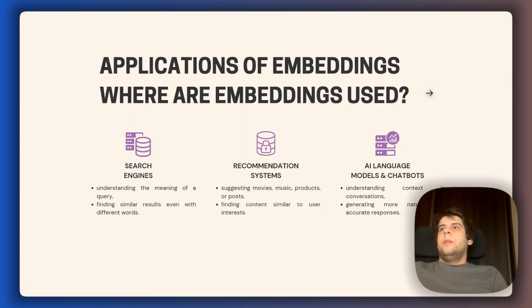As the last thing, I would like to tell you where embeddings are used. At the beginning of this presentation, I told you that embeddings are basically a part of any AI system nowadays.